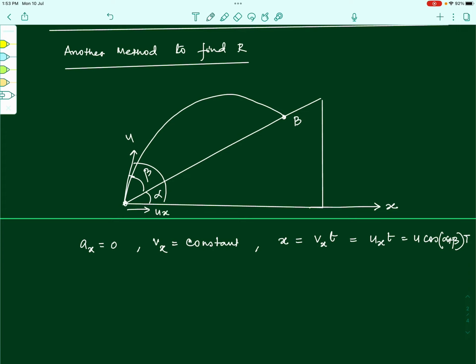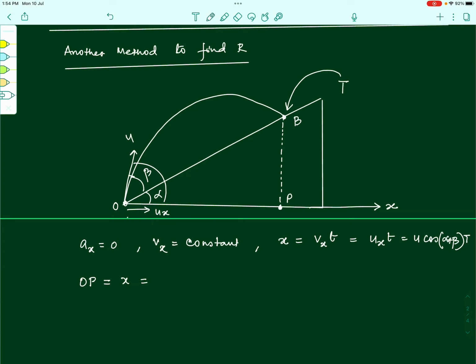Now, using this, if we try to drop a perpendicular from the point B down to the x-axis and say that, let's say this point where it hits the x-axis is the point P. Do we understand that if we can find out this length OP from the point of projection to the point P, this length OP will be nothing but the displacement along the x-axis in a time capital T. Understand that the projectile hit the inclined plane at point B at a time capital T, isn't it?